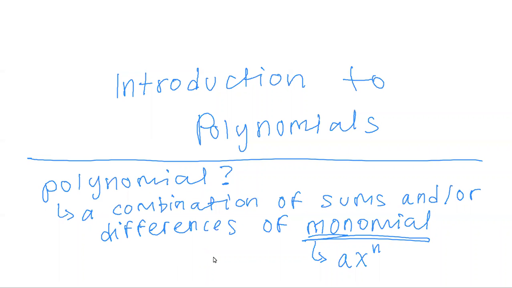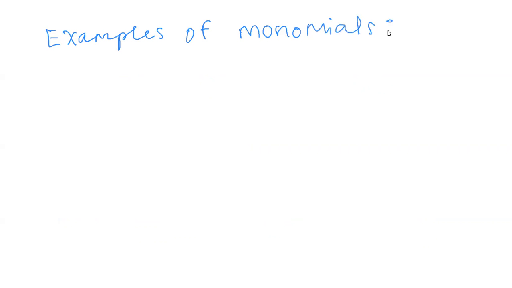So examples of monomials can be like 6x squared, negative 3x, 5x to the 7th, that kind of deal, negative 1.